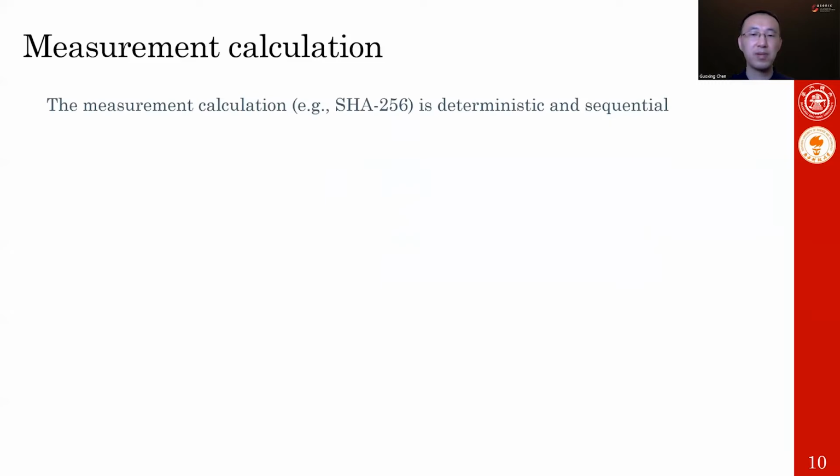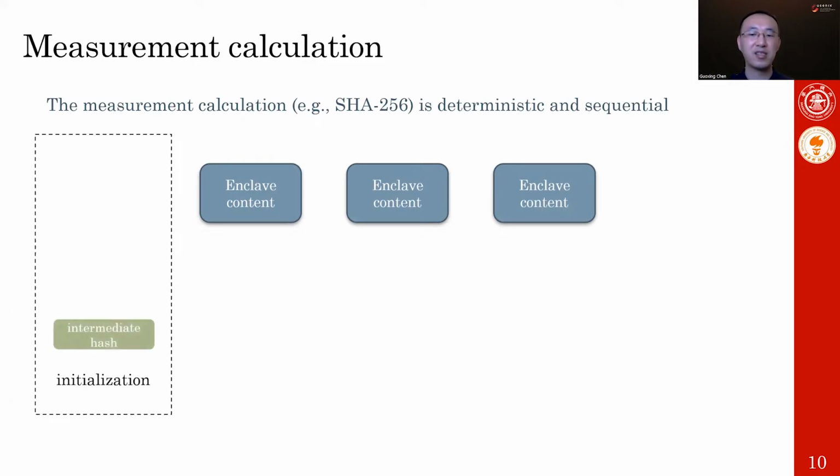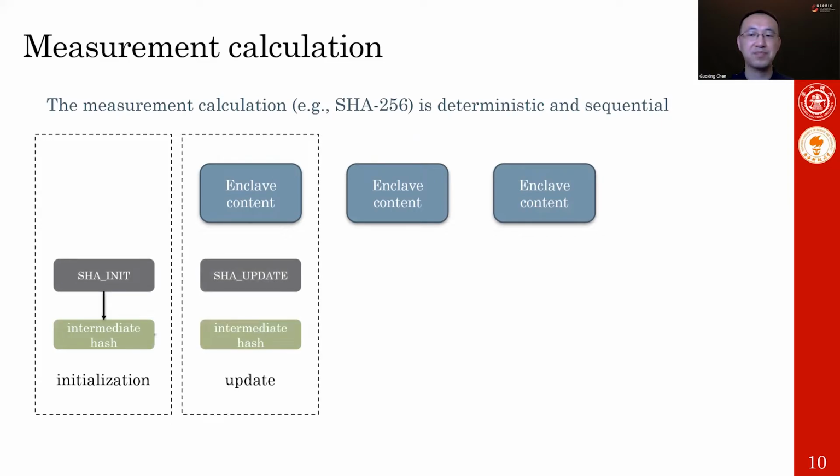To address this problem, we notice that the measurement calculation is deterministic and sequential. To compute the measurement of an enclave, the enclave content is first split into fixed length blocks and processed one by one sequentially. A fixed length internal state, or intermediate hash, is first initialized and then updated after each block is processed.